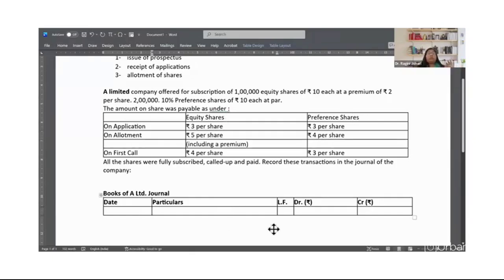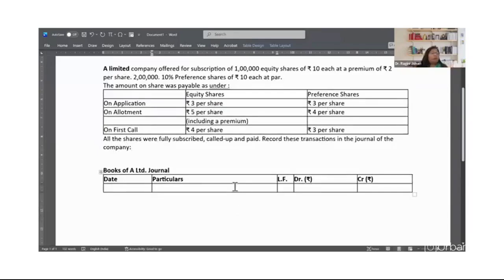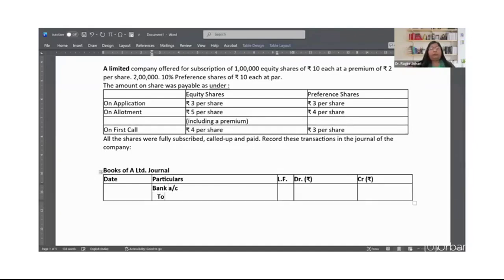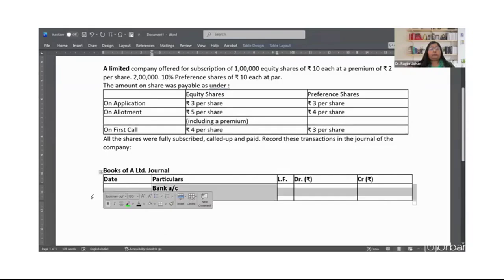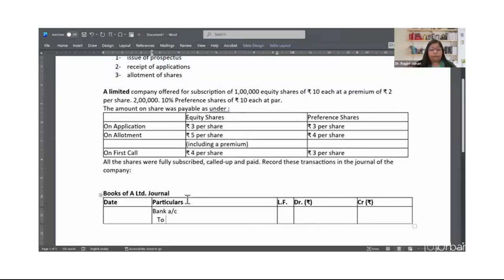So the first journal entry would be of the receipt of application amount: Bank account debit to share application account.